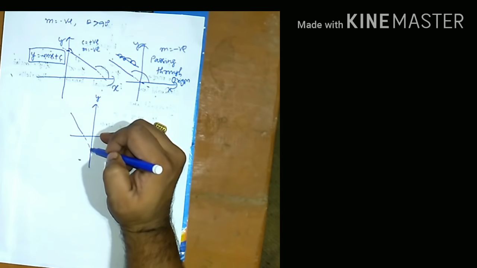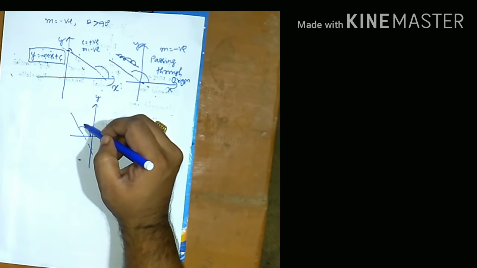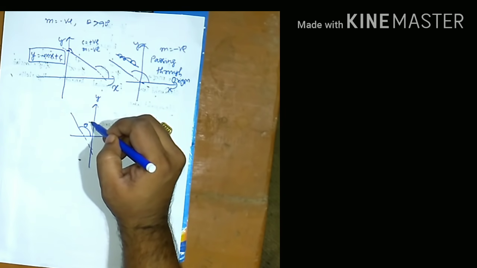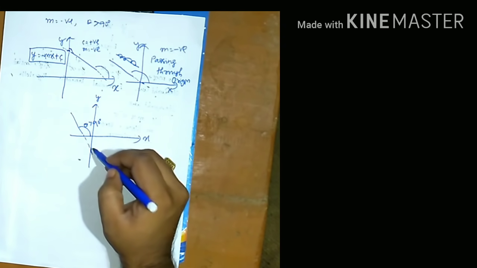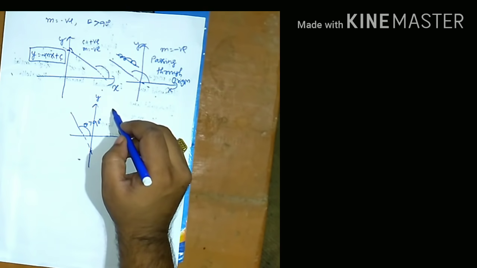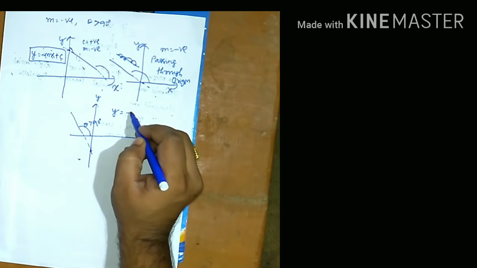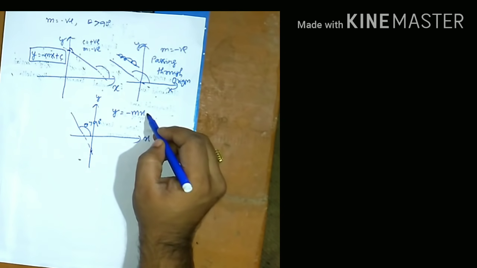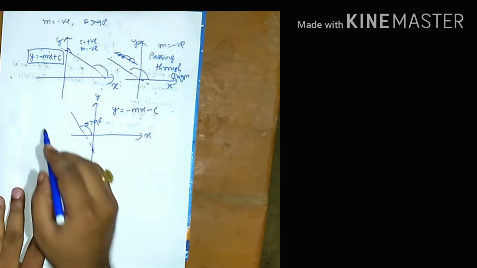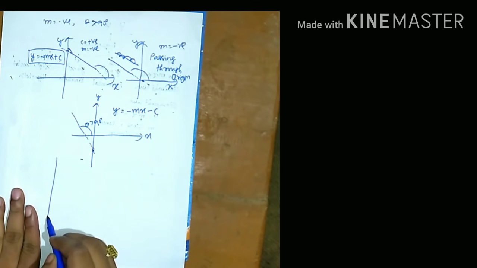This is again theta greater than 90 degree, but it has a negative y-intercept. So for this the equation becomes y is equal to minus mx minus c. So you can have a total of six types of straight line.